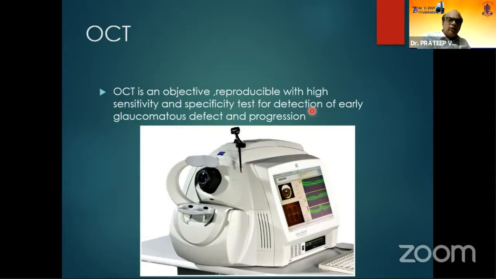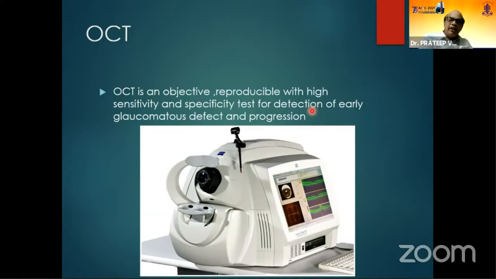But remember one thing, even if you can do a good, thorough clinical examination of the RNFL and the optic nerve, you cannot quantify and you cannot monitor the progression just based on clinical examination.